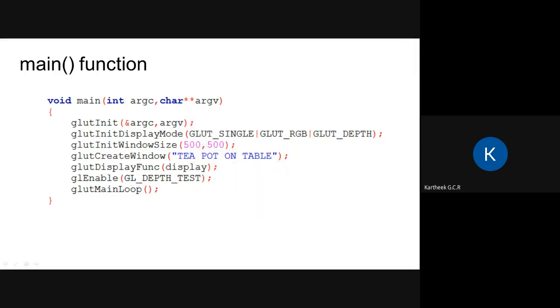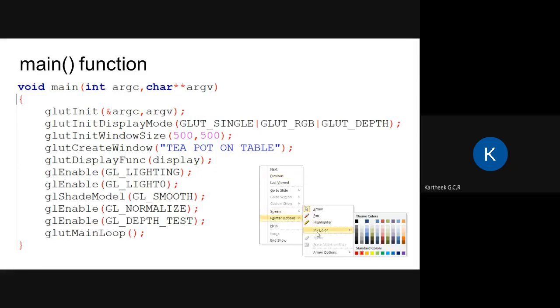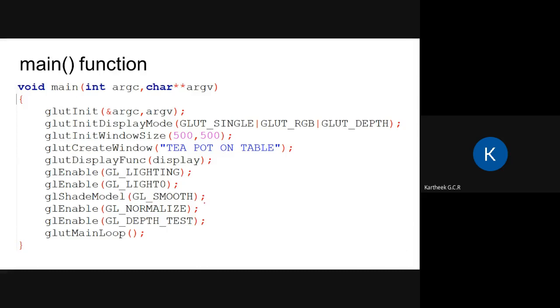Now we are also supposed to have a light source in our scene. For that reason, we should enable lighting. These functions are the ones which will help us to define the lighting. We had seen these functions.